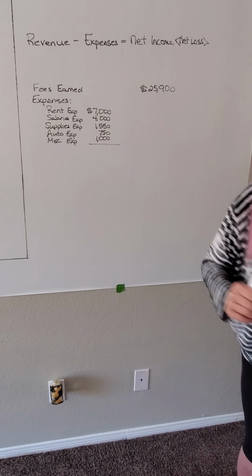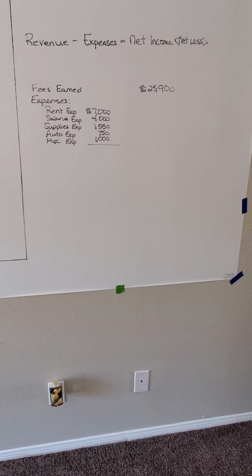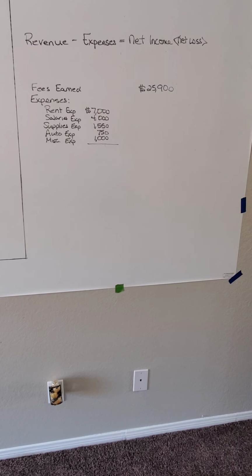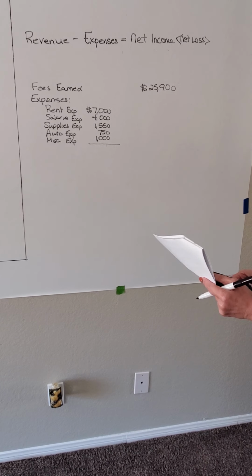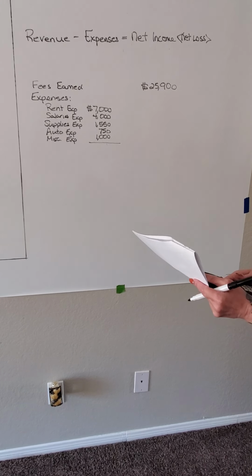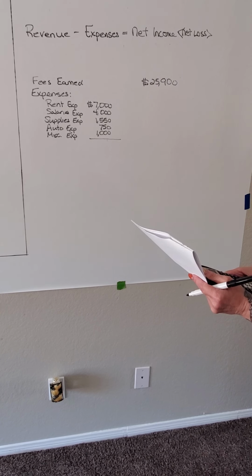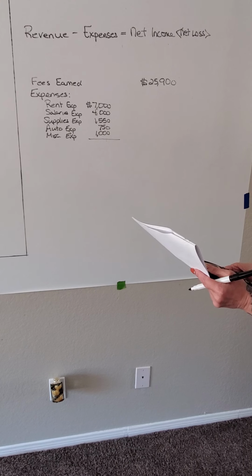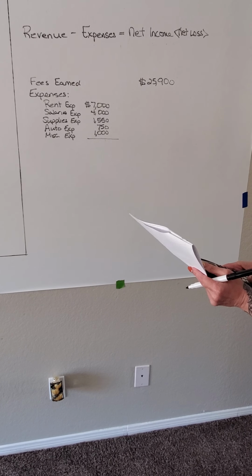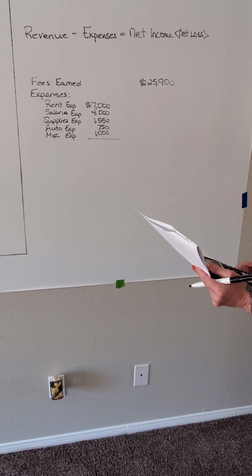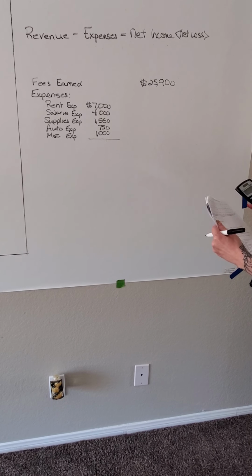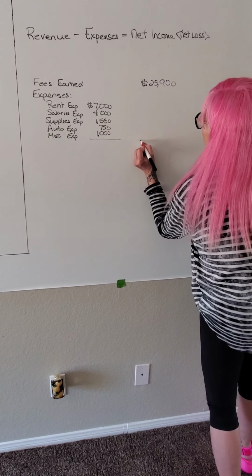Let me grab my calculator, guys. So we've got 7,000 plus 4,000 plus 1,550 plus 750 plus 1,000. So that gives total expenses of $14,300.